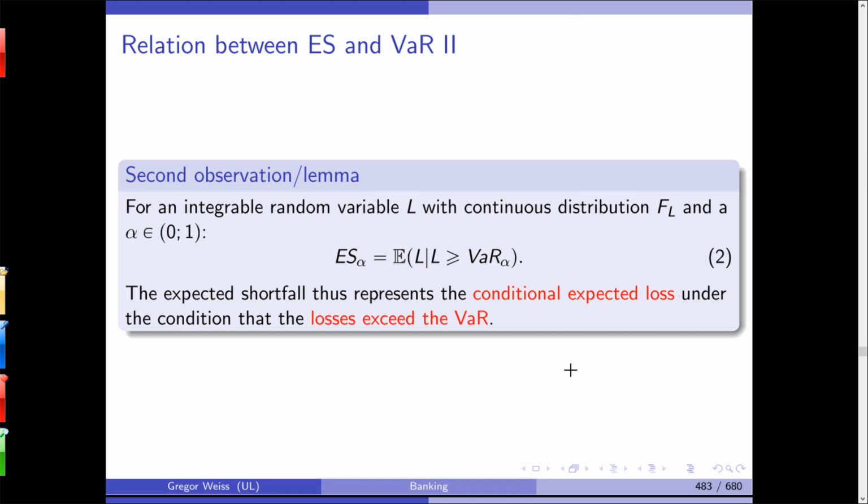Might be unusual to know the English words. Es ist ein bedingter Erwartungswert. Conditional expected value ist ein bedingter Erwartungswert unter der Bedingung, also einfach der bedingte Verlust unter der Bedingung, dass die Verluste den Value at Risk überschreiten. Expected loss under the condition that you're only looking at the losses beyond VAR. This is a very intuitive and actually a very economic interpretation.